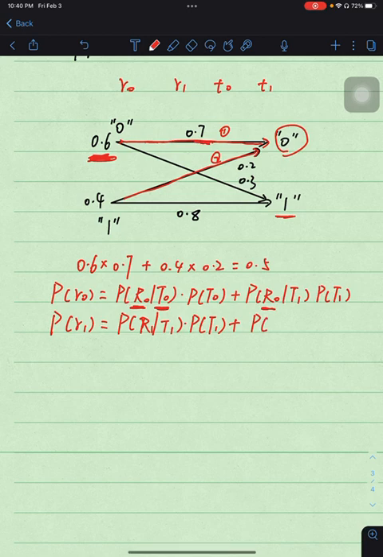And another way to get R1 is when we send zeros. Yeah, that's all. And this is the first question.